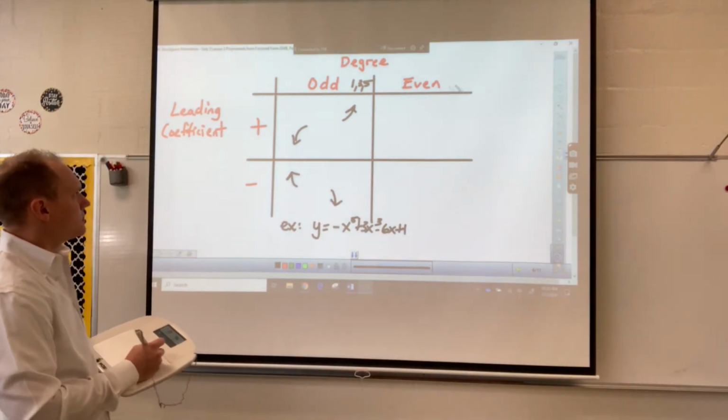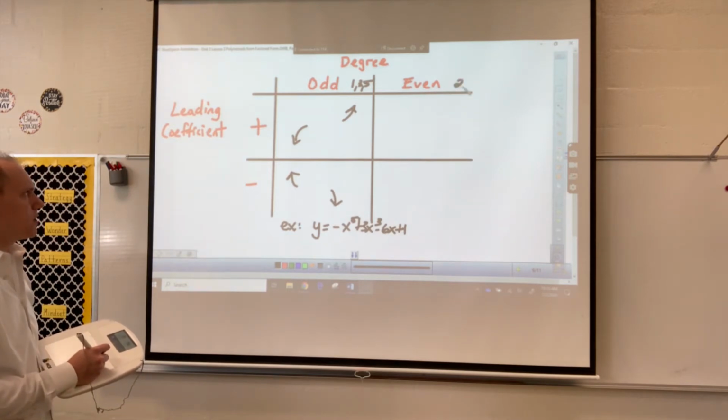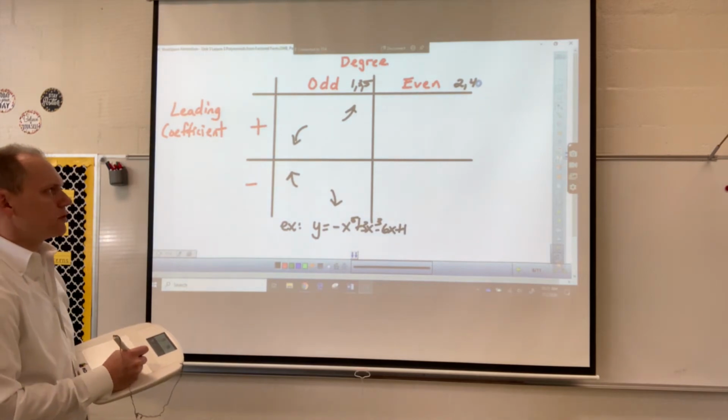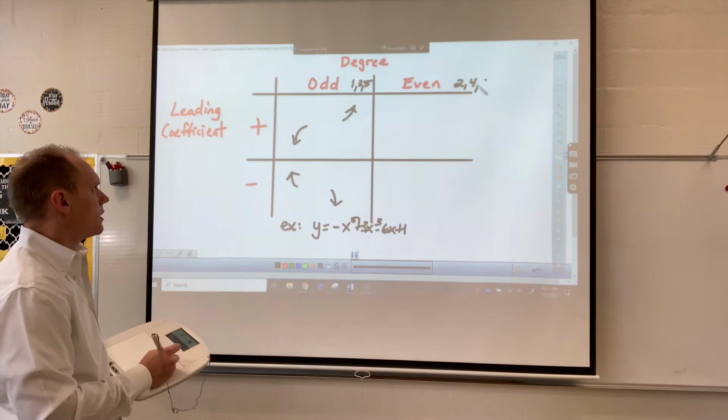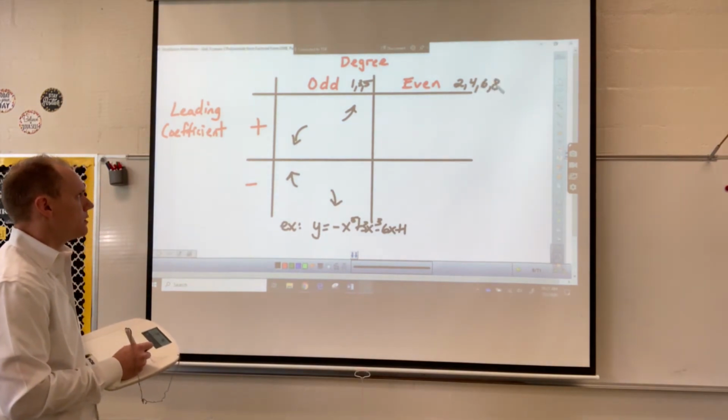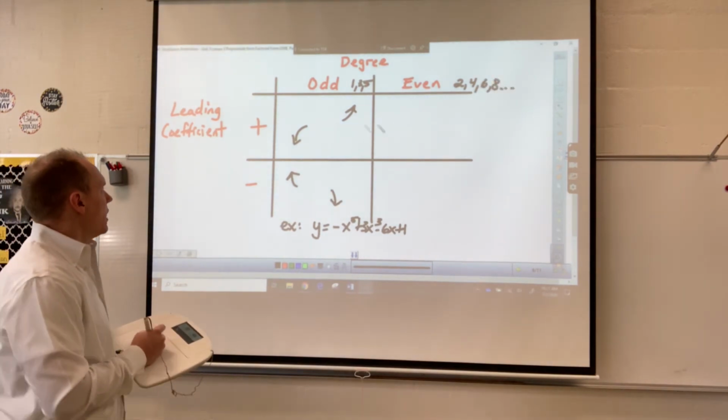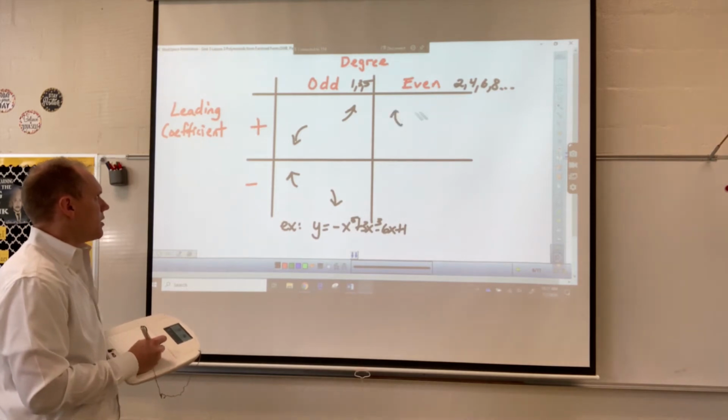Whereas if you have an even degree, so if you have a quadratic, a quartic, even a degree 6 polynomial, or 8, and so on, if it's positive, that means that you're going to end up going up and up.